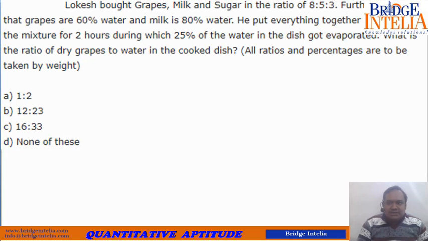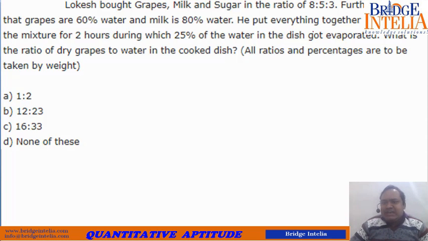So here comes the first one. Lokesh bought grapes, milk and sugar in the ratio 8:5:3. Further, he knows that grapes are 60% water and milk is 80% water.